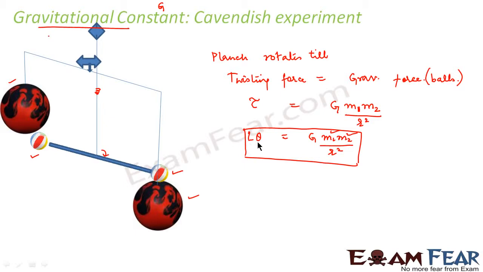All these quantities can be measured experimentally in the lab. So he measured all these quantities and evaluated the value of G. It was found that the value of G was 6.67 into 10 to the power minus 11 Newton meter square per kg square, according to Cavendish's experiment.